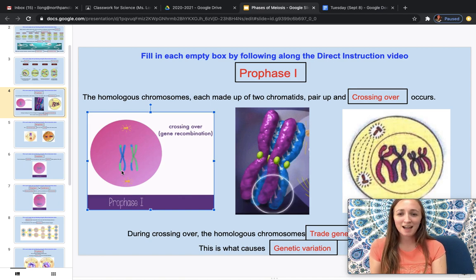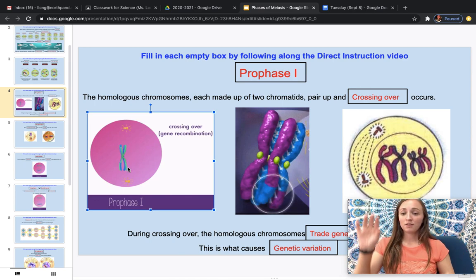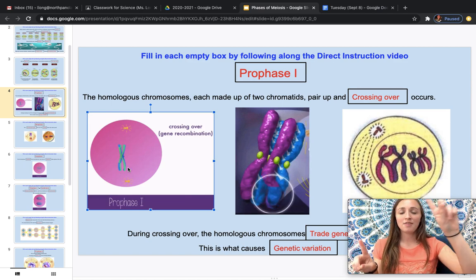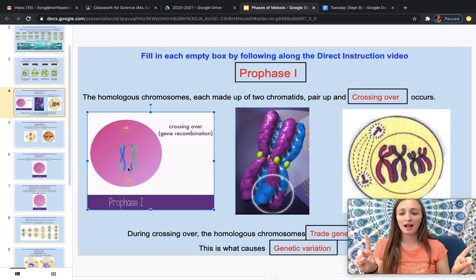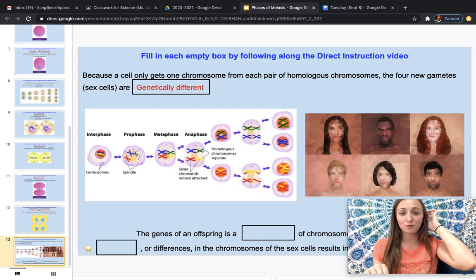So both sides are not identical. Once they split off, this chromatid over here is going to have a certain set of genes, and this chromatid over here is going to have genes that are different. So that is why once you have your 4 new cells, their genes are not identical because they swap them out.